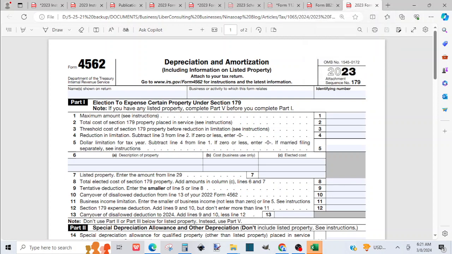If it's going to be too much of an expense, to the point that your business will have a loss, it's up to you. I don't think it's necessary. Or if your business already has a loss, I don't think you really have a reason to claim section 179.